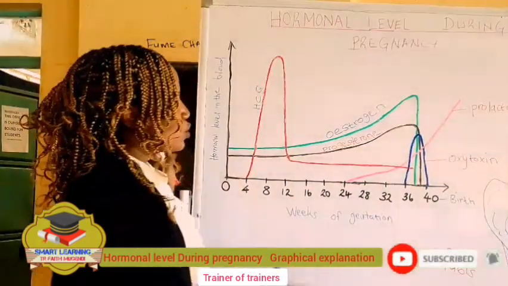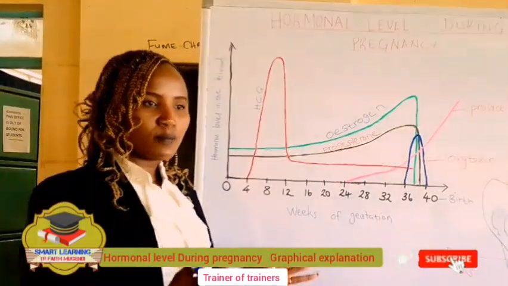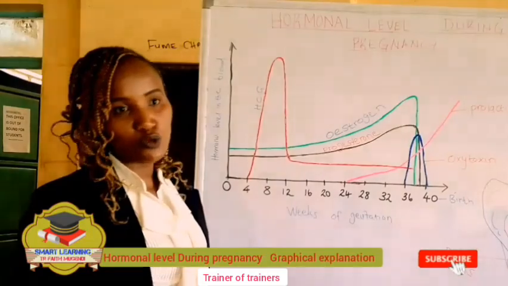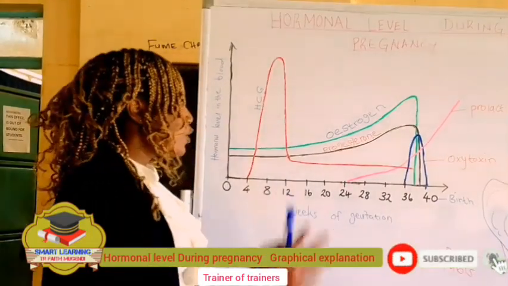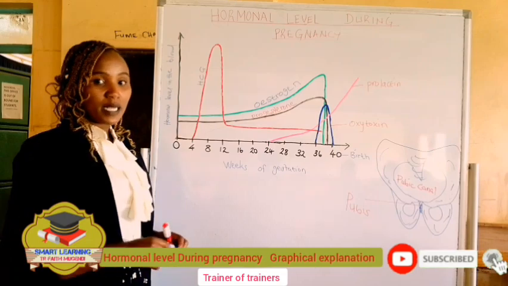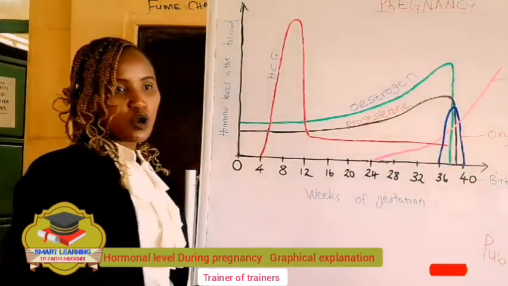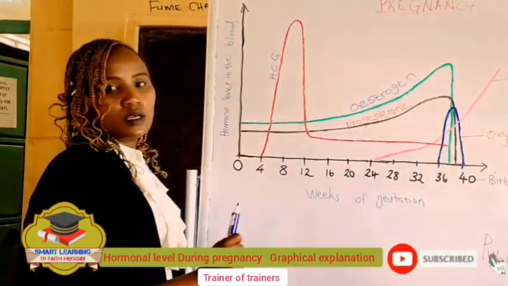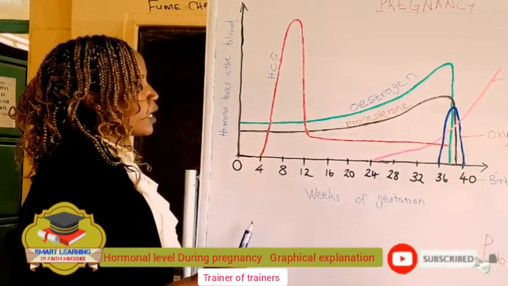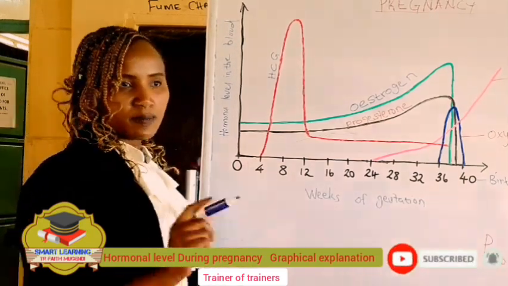So we want to see, in the body of a pregnant woman, which hormone we are likely to find at which period of gestation. During the early stages of pregnancy, the most abundant hormone is HCG, the human chorionic gonadotropin hormone, and it is usually produced by the placenta.